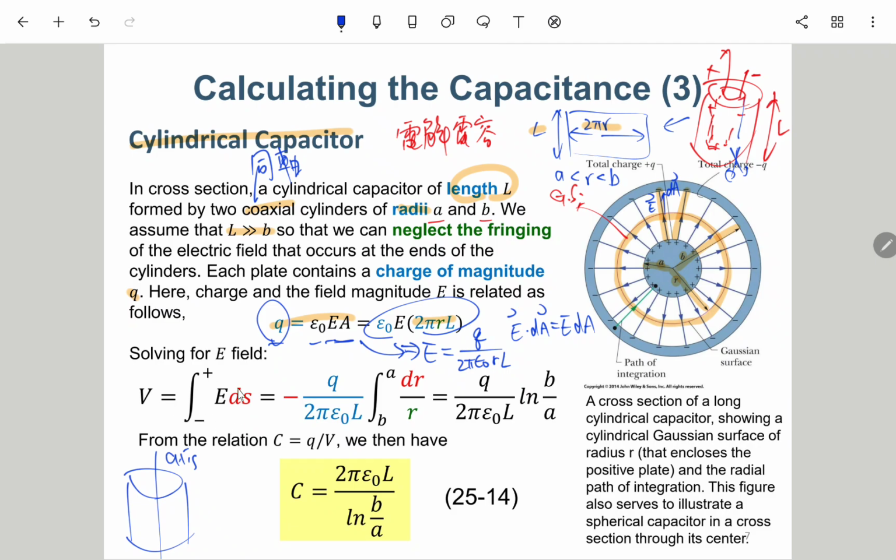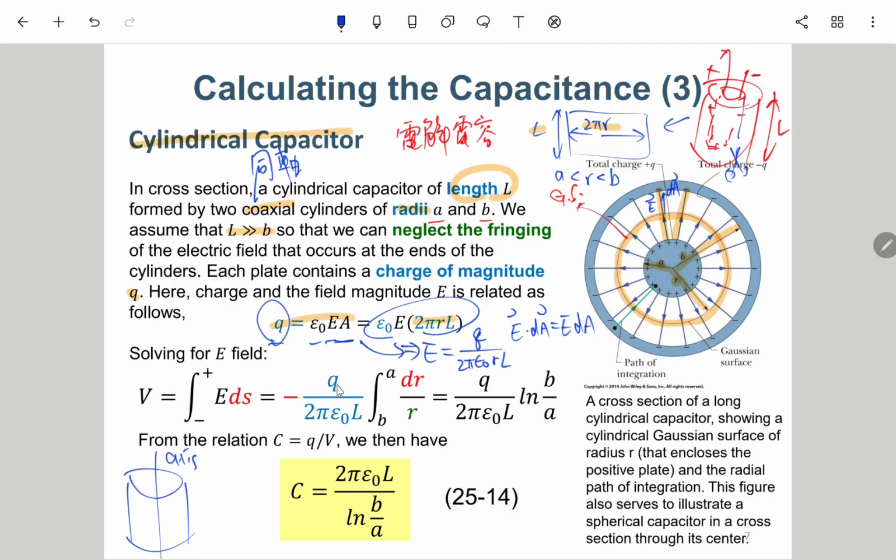equals integration with the same form, it doesn't change. Because we already mentioned for almost all the structures, as long as you define from the negative terminal to the positive terminal, then we can always eliminate the negative side. So we put this one here.